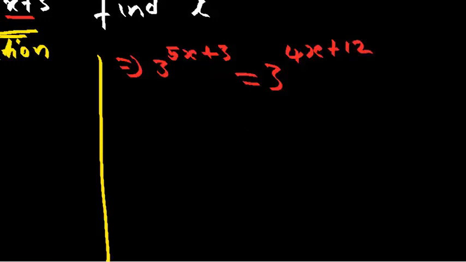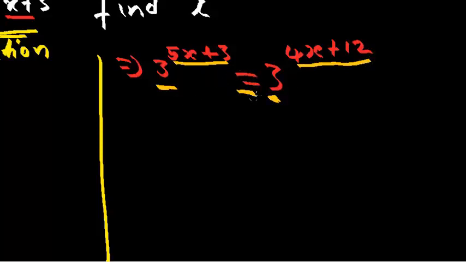So at this point we have the same base, that is 3 and 3. Once we have the same base, for the equal to symbol to be true, the index of the left side must be the same as the index of the right side. If not, the equation will not hold.